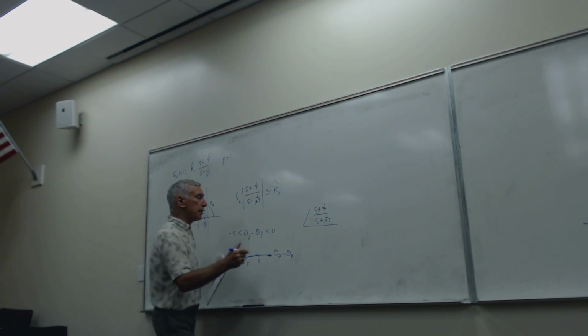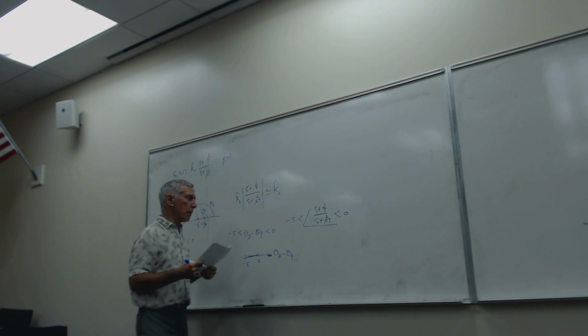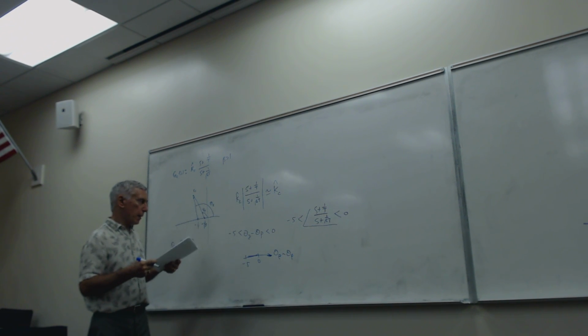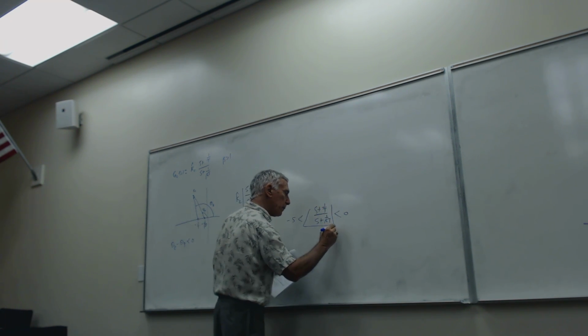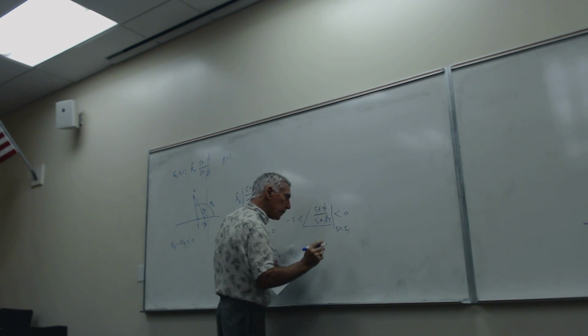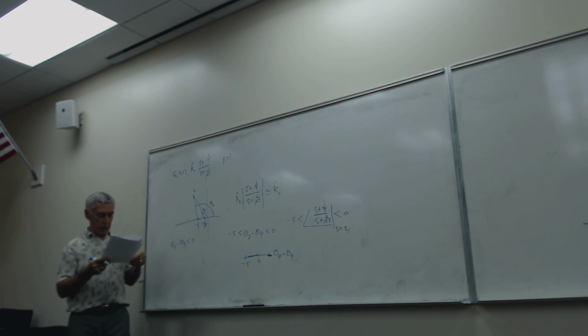S1 should be greater than -5 and less than 0. So I could put here, when evaluated for S equal to S1. These are the dominant pole locations there.